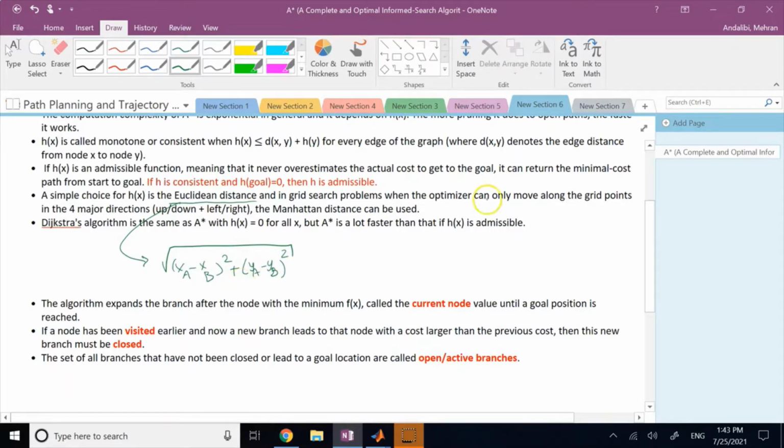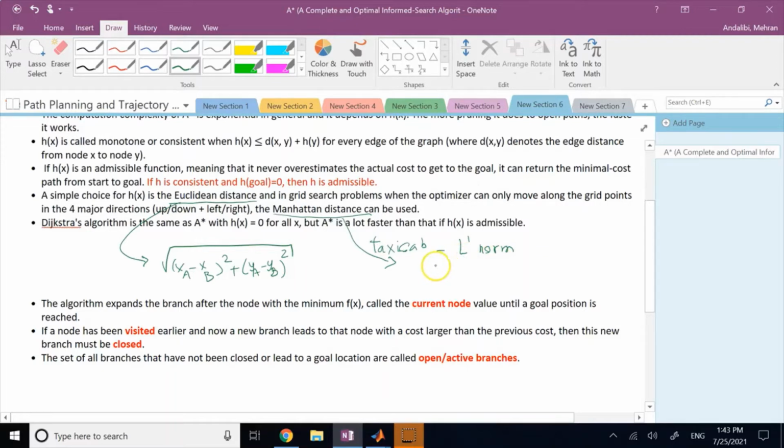Another one that you have is called the Manhattan or Taxicab distance. Some people also call it the L1 norm. So this taxicab or L1 norm or Manhattan distance, what is this?